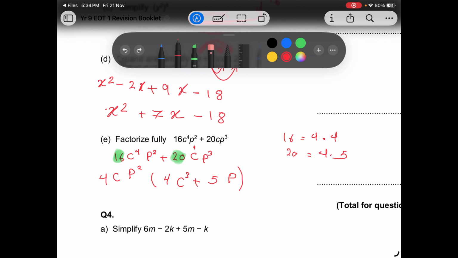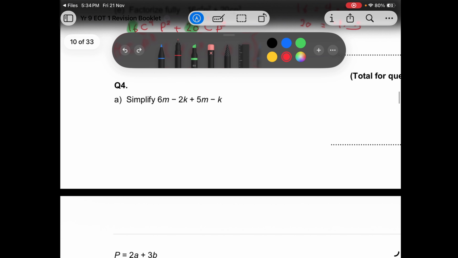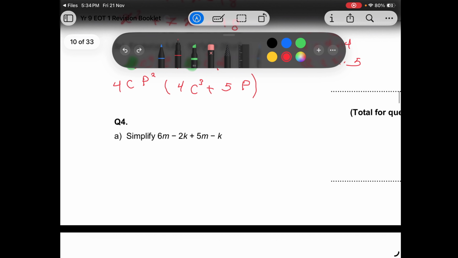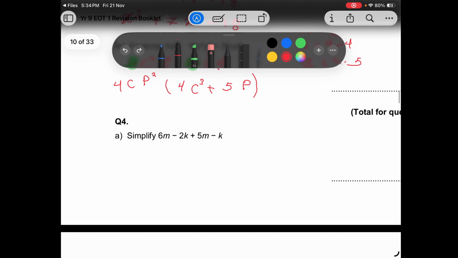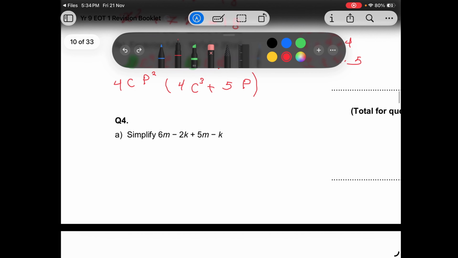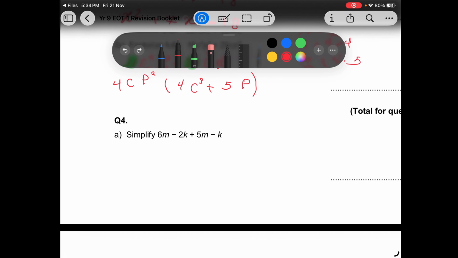Okay. So here, students, simplify this. I have 6m minus 2k plus 5m minus k, and we are looking for the like terms. You can rearrange firstly, or you can glue directly.